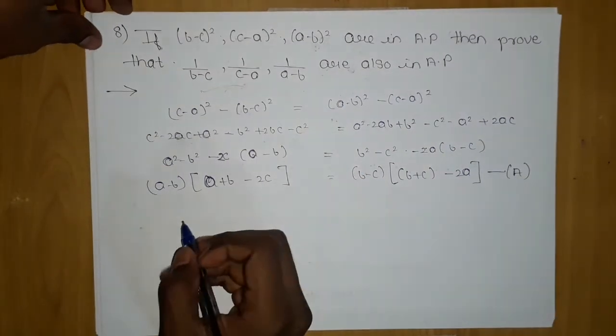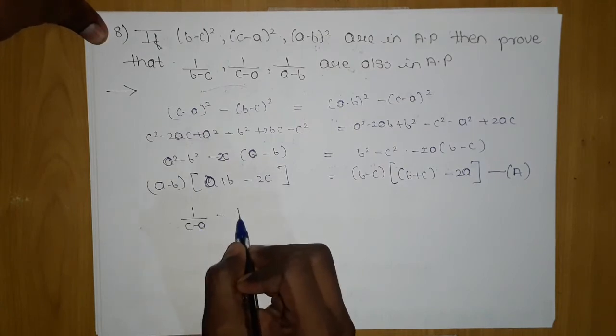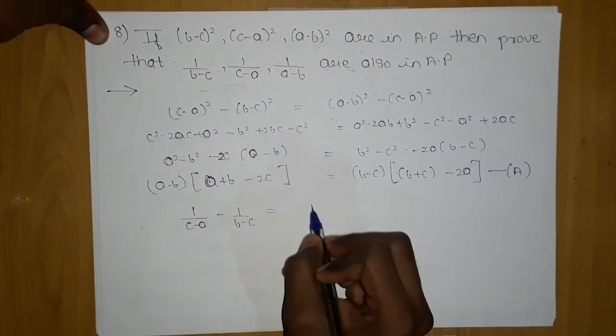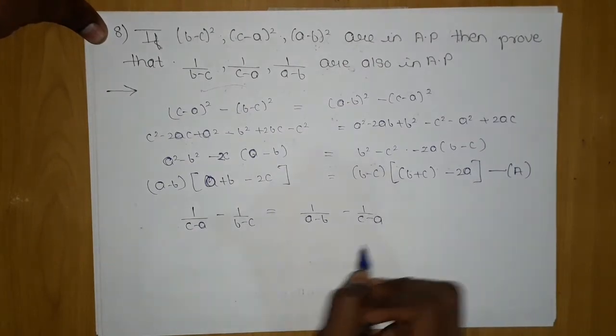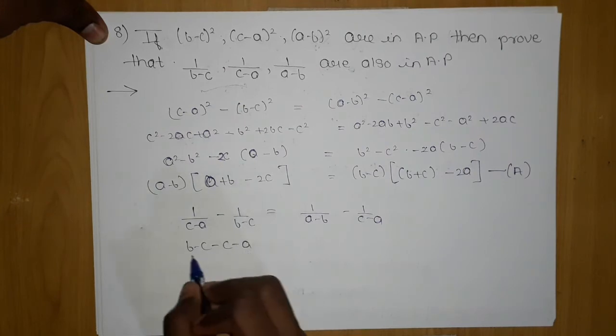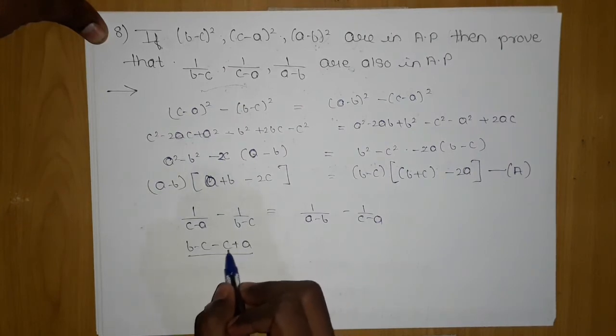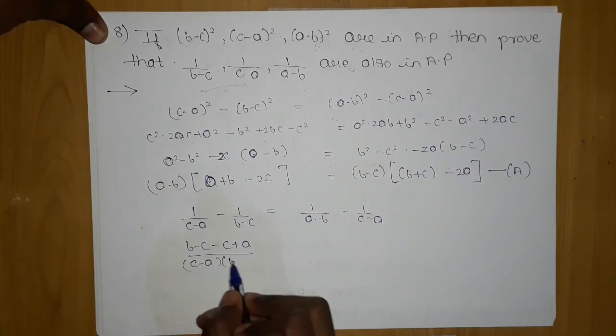Now let's check for this: 1 upon c minus a minus 1 upon b minus c should be equal to 1 upon a minus b minus 1 upon c minus a. Both should be equal. So b minus c minus a, this will become plus, upon (c minus a) into (b minus c).